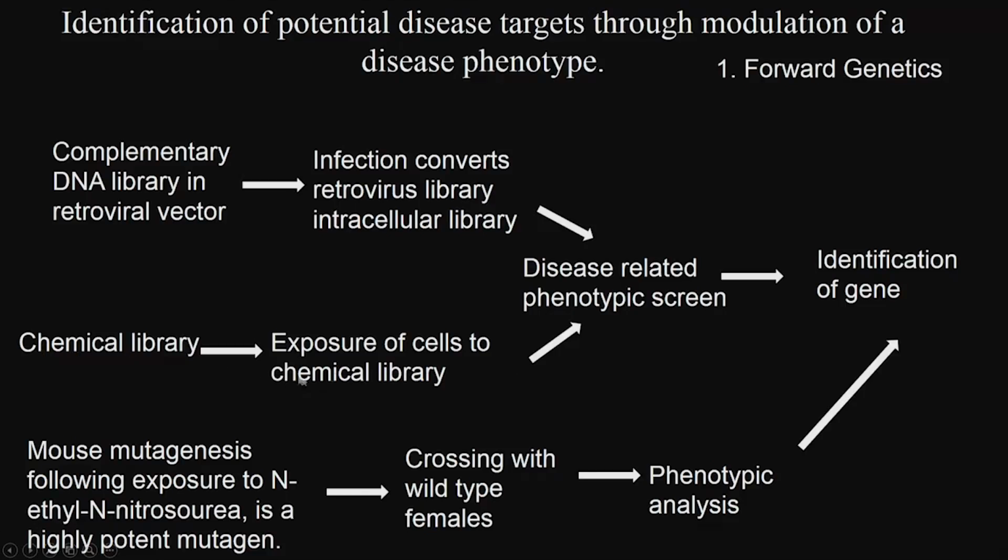Then we have a chemical library, exposure of these cells to the chemical library, and then from there you identify the gene. We can simultaneously have mouse mutagens, and then from the phenotypic analysis we can identify the genes. This is called the forward approach. That means you create a particular infection and then study.